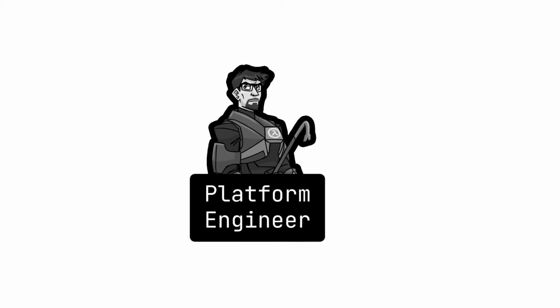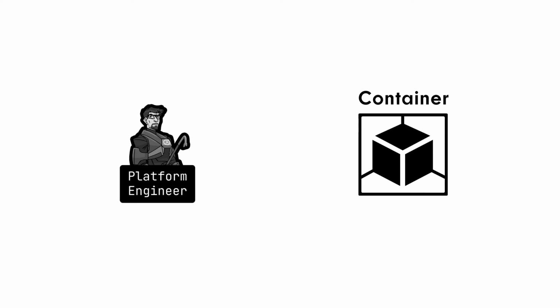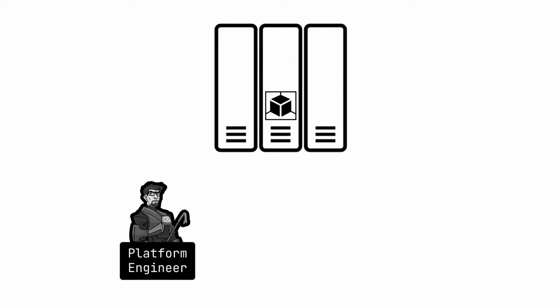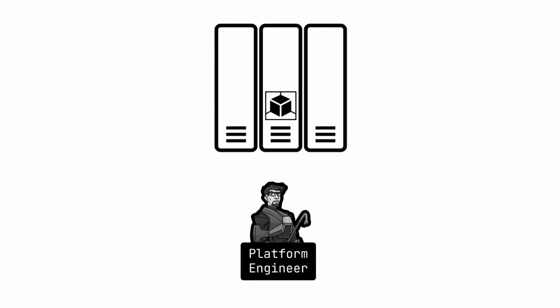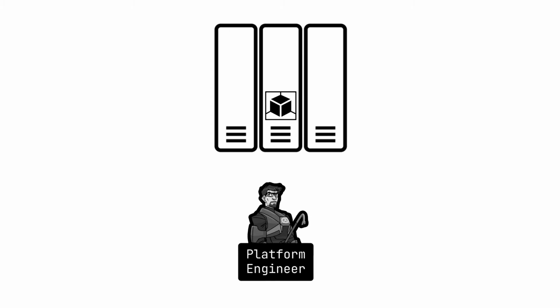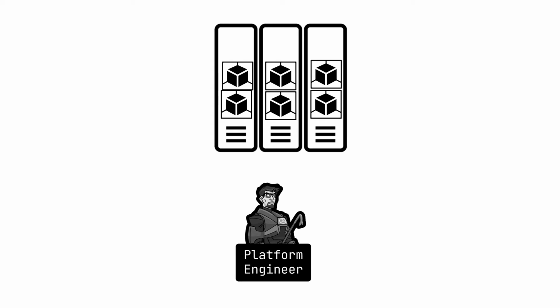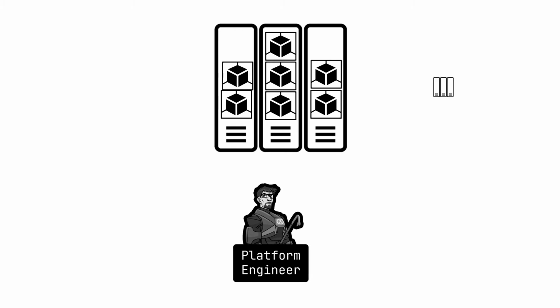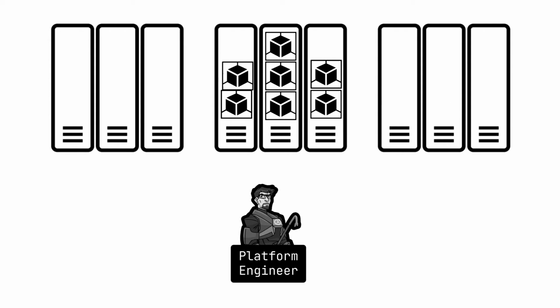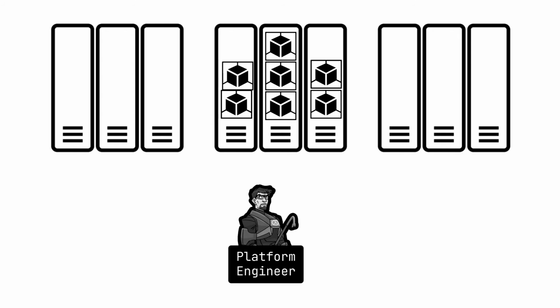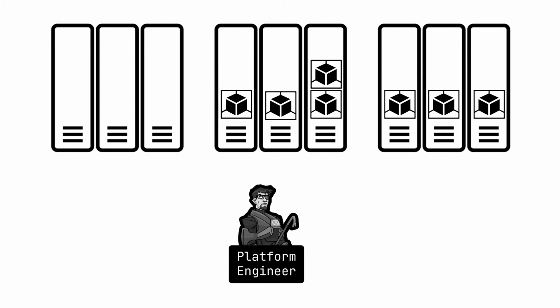Platform engineers will now run applications in containers. To ensure the applications run correctly, the platform engineers monitor the load of each server. When more resources are required, the platform engineers are adding new servers and are moving some applications to the new available server.